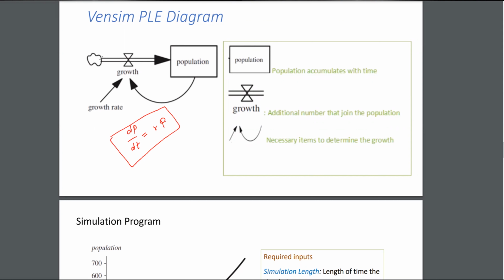You have an initial value, whatever it is, 100 in this case, and this value I put as a rate. This value I put as a population. This value I put as a rate, and I just set up this whole equation in this form. That's what I did.